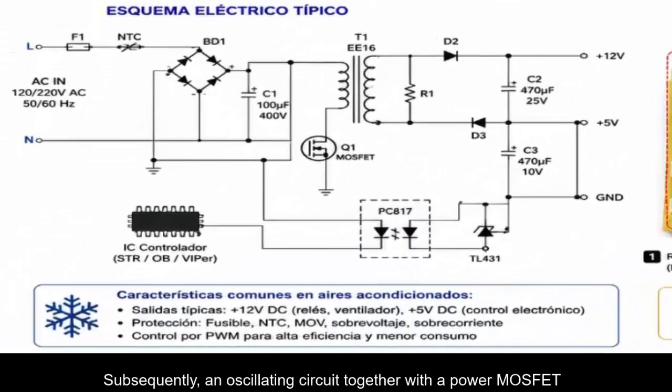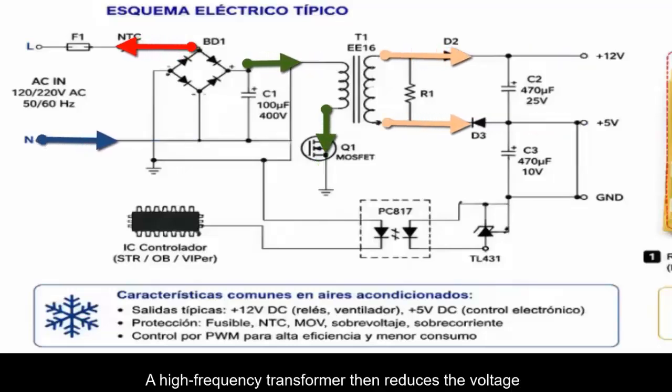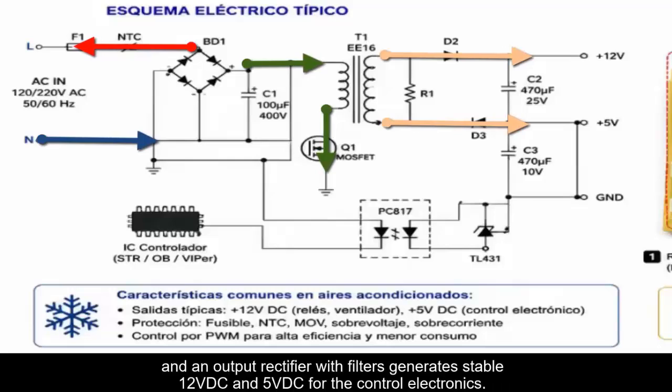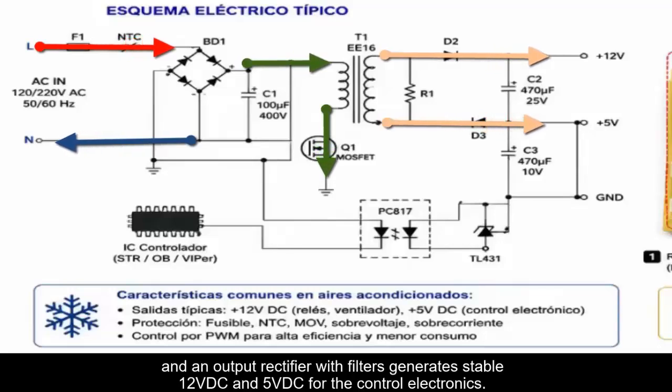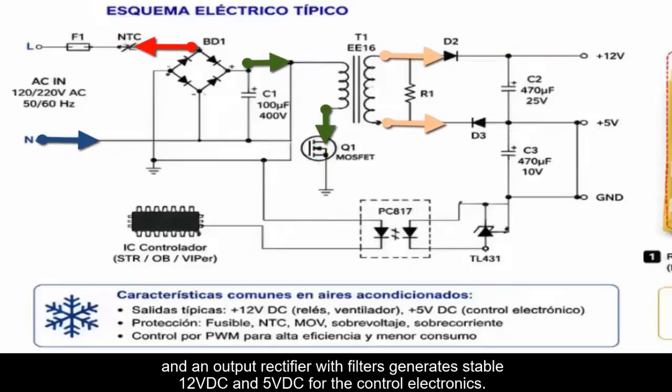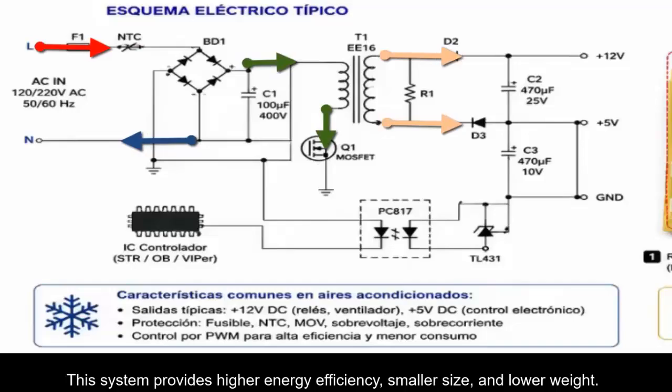Subsequently, an oscillating circuit, together with a power MOSFET, switches this voltage at high frequency. A high-frequency transformer then reduces the voltage, and an output rectifier with filters generates stable 12 VDC and 5 VDC for the control electronics. This system provides higher energy efficiency, smaller size, and lower weight.